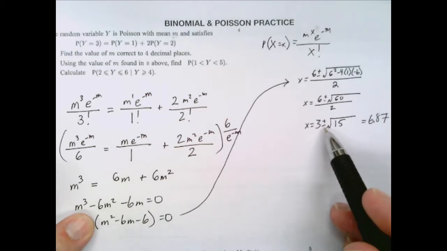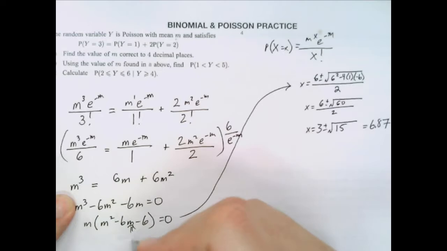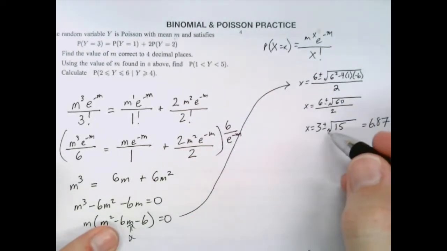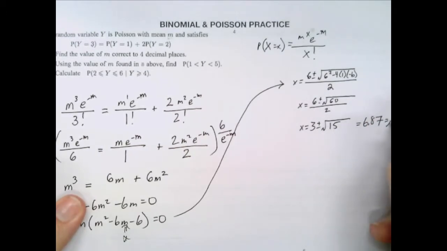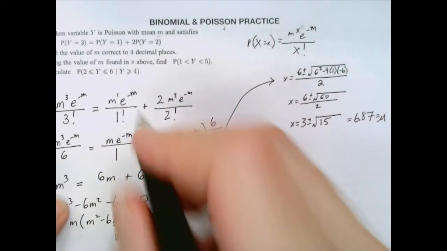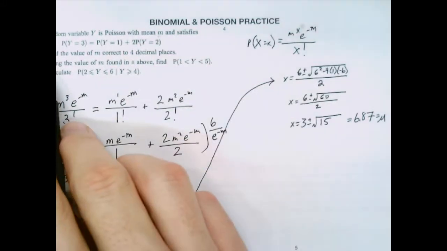Because x is m, the variance can't be a negative number, therefore it was the positive solution, which was 6.87. So 6.87 is my average, my mu. That is the mu. It's also the variance. At this point, I can go on to part B.